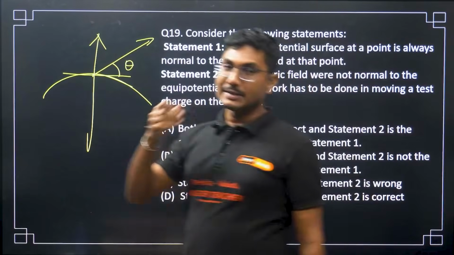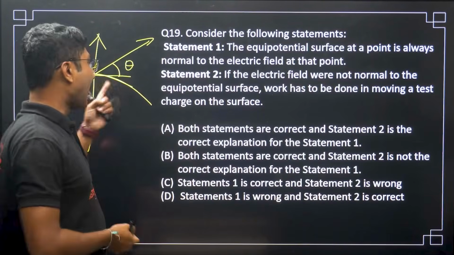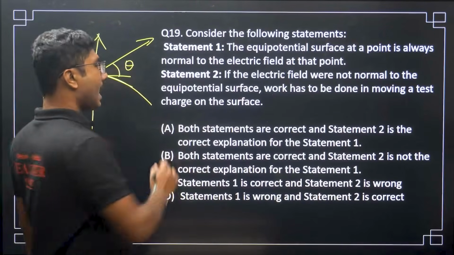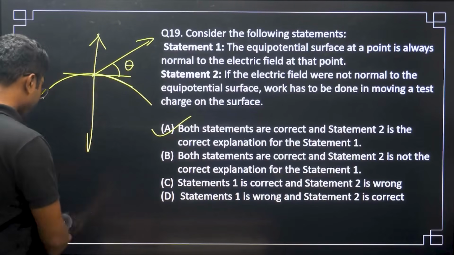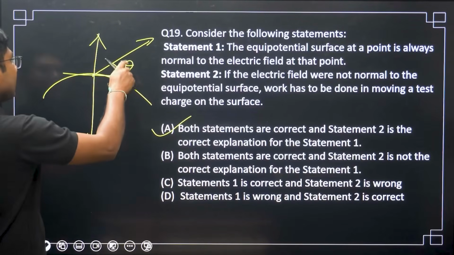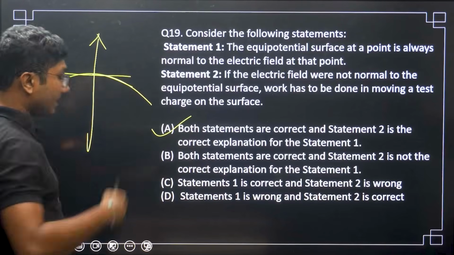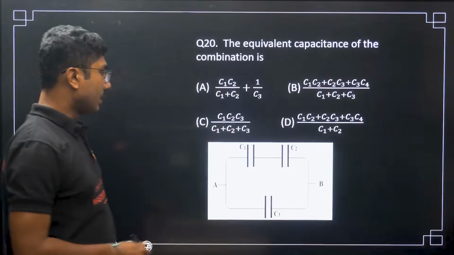In that case cos theta will not be 0, so you have to do some work, and that's why it is not possible. So both statements are correct, and statement 2 is the correct explanation of statement 1. This question is slightly tricky. You need to know the chapter a little deeper, then you can answer this question. Let's see one more question.